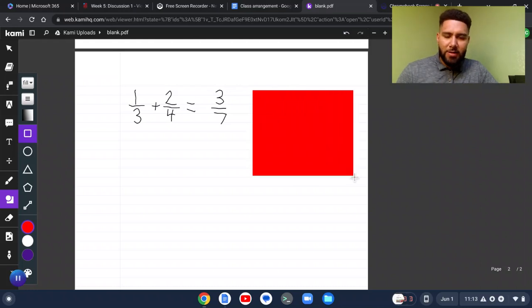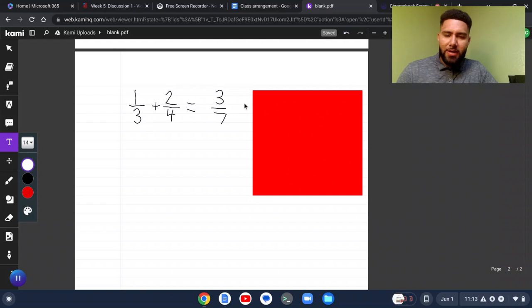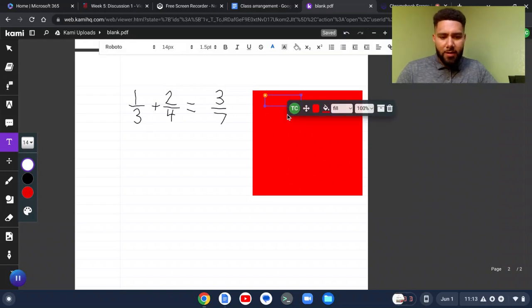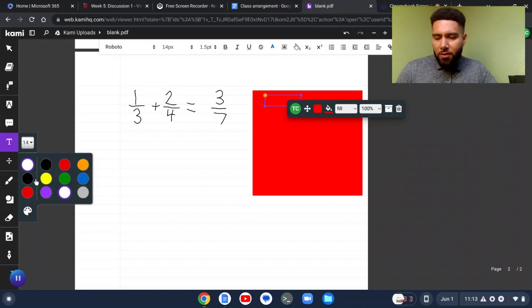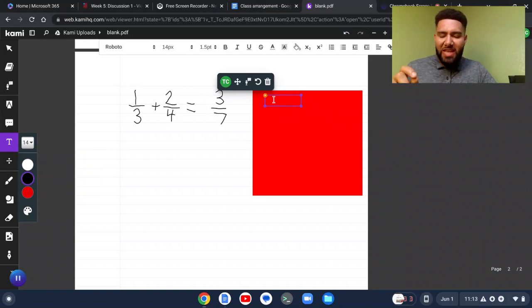Stick it right next to where the student got the incorrect problem, and you're going to have them write in their own handwriting at the top either NTS, explaining to them that that's going to be note to self, and they're going to write out something that they should remember when they see this kind of problem going forward from this point.